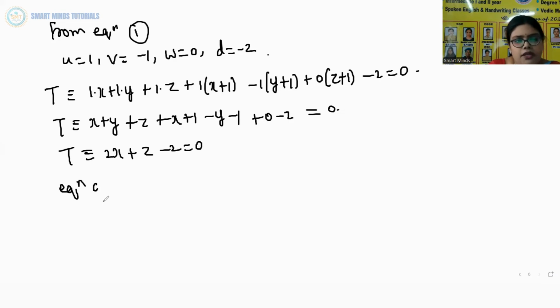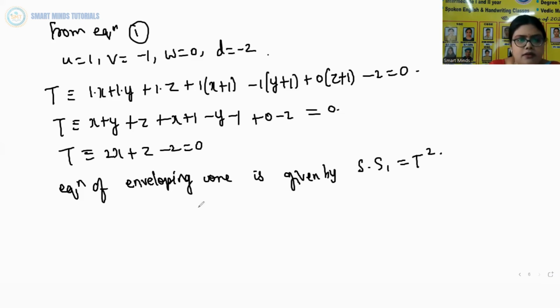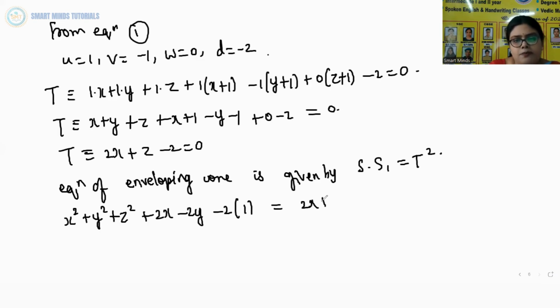Now we need to find out the equation of enveloping cone. And the equation of enveloping cone is given by S into S1 is equal to T square. So x square plus y square plus z square plus 2x minus 2y minus 2 into 1 is equal to 2x plus z minus 2 whole square.